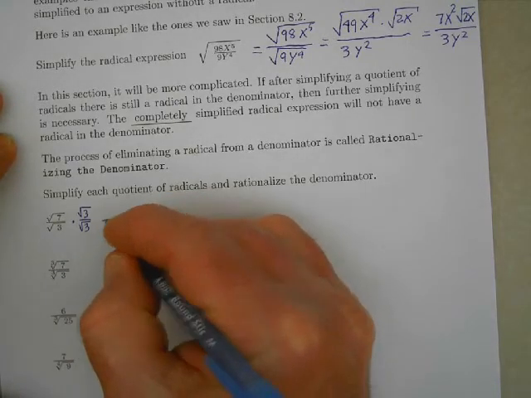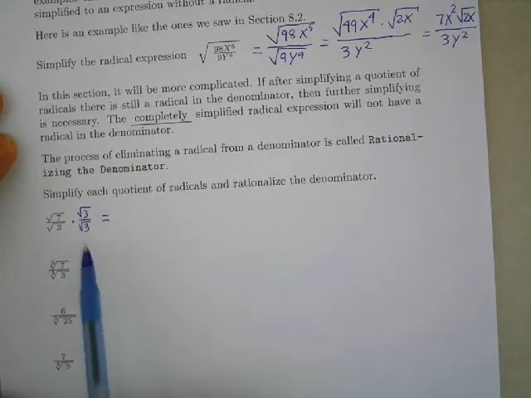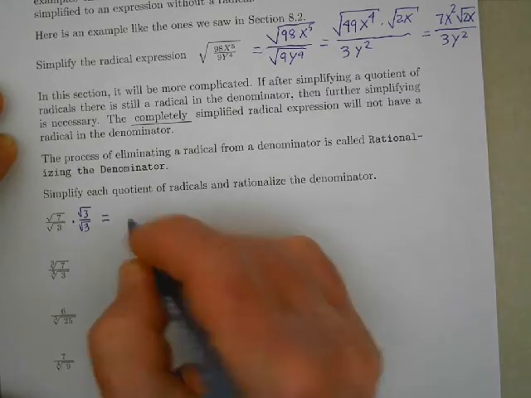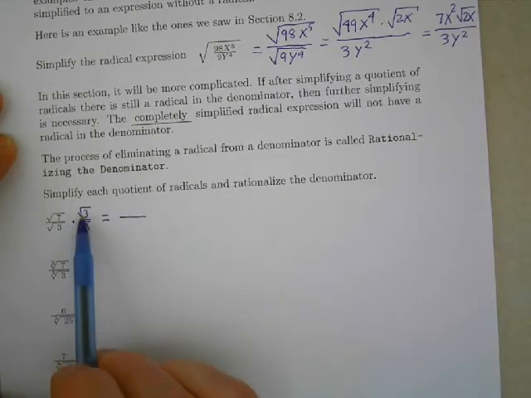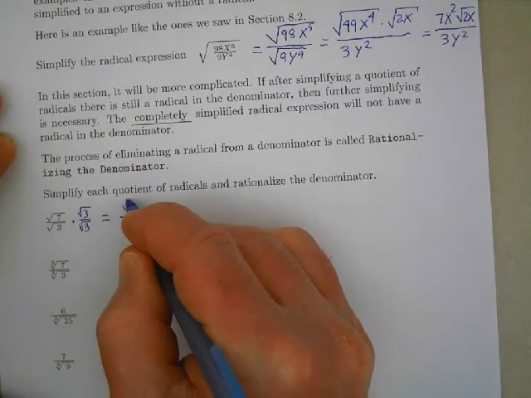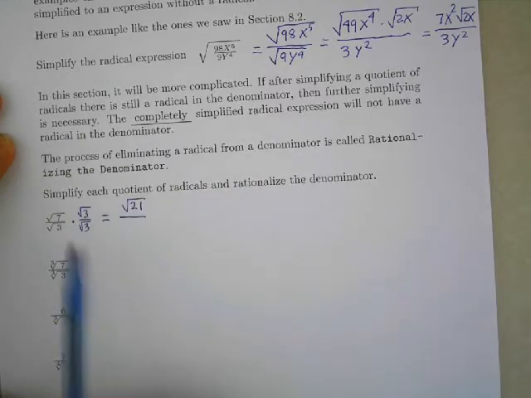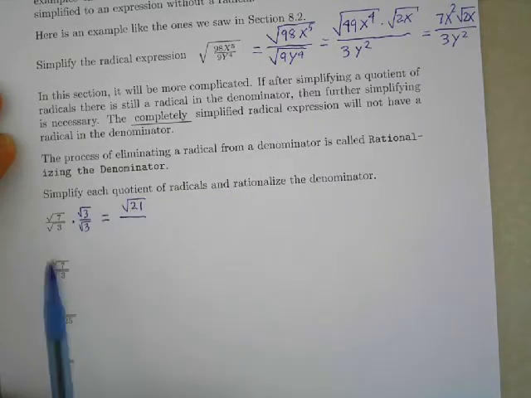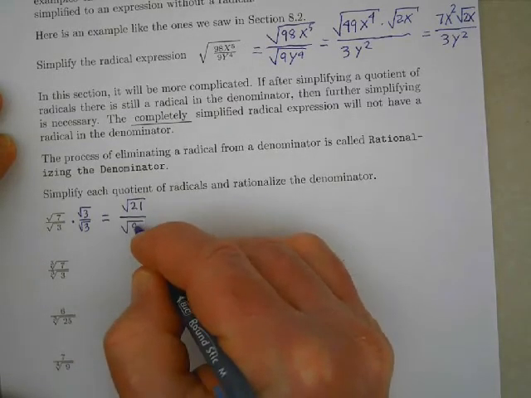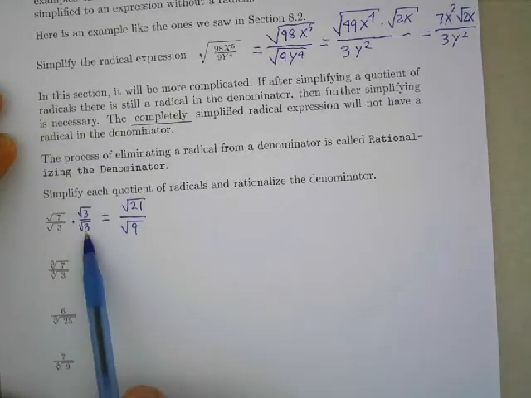Then we can multiply those two quotients. In the numerator, the square root of 7 times the square root of 3 is the square root of 21, because 7 times 3 is 21. In the denominator, the square root of 3 times the square root of 3 is the square root of 9, because 3 times 3 is 9.